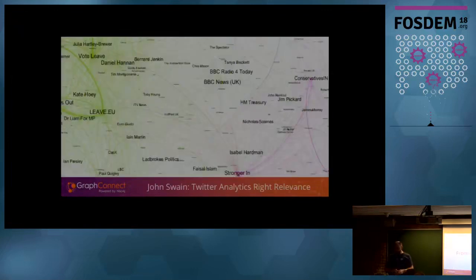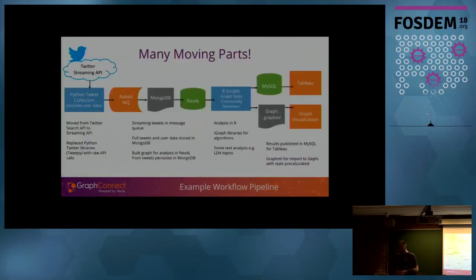We had an example from a partner company of ours called Right Relevance. They did Twitter analytics on the US elections and Brexit data, and also on other data like Ebola data. They ran a pipeline like this: they got the tweets from the Twitter streaming API, put them first in MongoDB, then moved them over to Neo4j, and did some querying and aggregations in Neo4j.